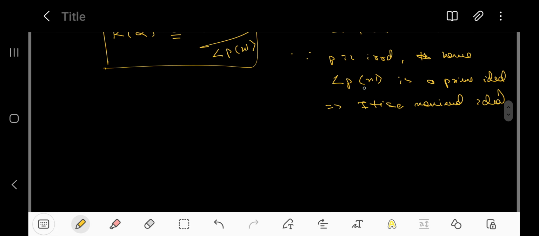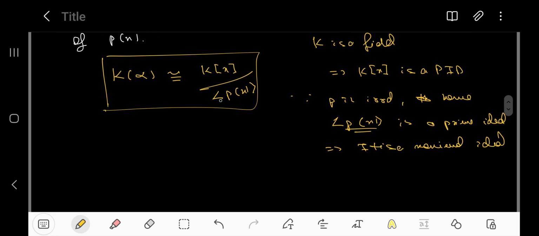And since this is a maximal ideal, the quotient ring constructed over a maximal ideal becomes a field. Since K(alpha) is the isomorphic copy of that very quotient field, it is obviously a field again. So K(alpha) is termed a simple extension of the field K.